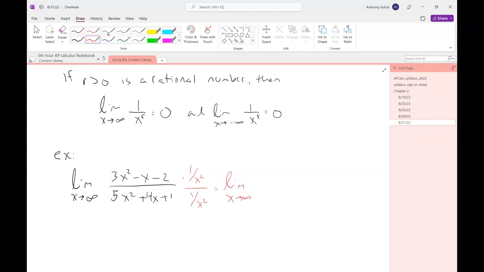When I do that, I'm going to get 3 minus 1 over x minus 2 over x squared. And I'll get 5 plus 4 over x plus 1 over x squared. Oh, that should be a 4 there.